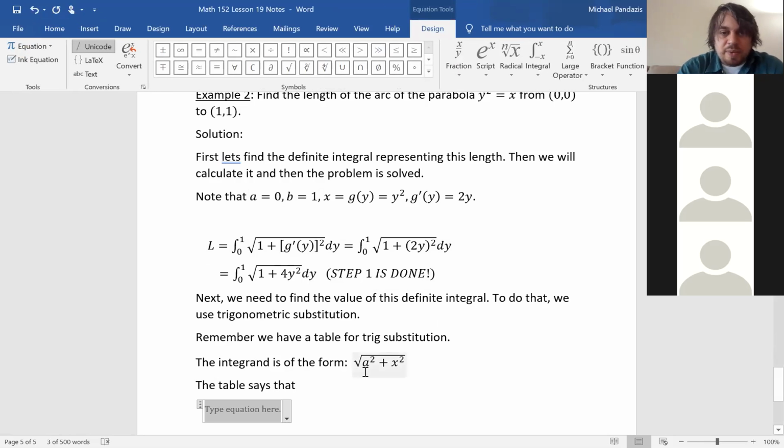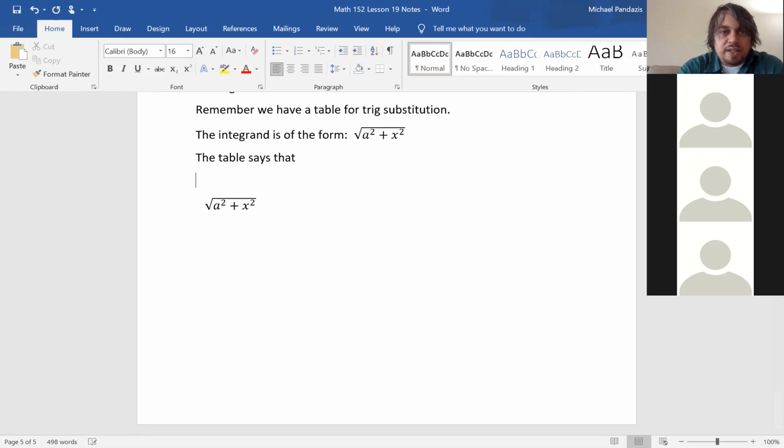So when you have something of this form, you'll have an expression, a substitution, and an identity. Right? That's the three things in the table.